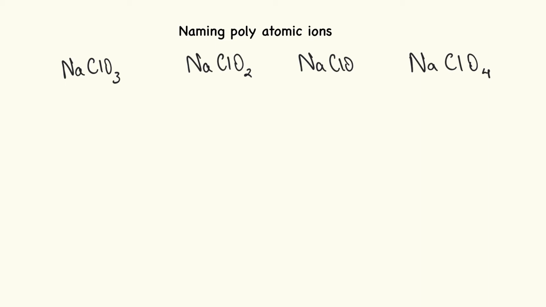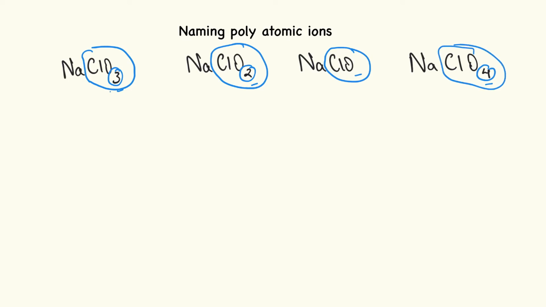So you will notice that in front of you, I have written down 4 different formulas that at a glance look pretty similar to each other. The only difference that I hope you've noticed is the number of oxygens is different in each one of them. So this one has 3 oxygens, this one has 2 oxygens, this one has only 1, and this one has 4. If you were to find these polyatomic ions, the ones that I'm circling, in the back of the periodic table in that list of polyatomic ions, then you will definitely find this listed under the name chlorate.